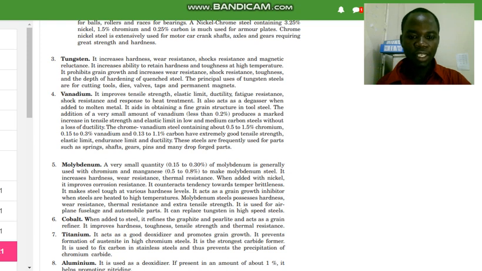The chrome vanadium steel containing about 0.5 to 1.5% chromium, 0.15 to 0.3% vanadium, and 0.13 to 1.1% carbon have extremely good tensile strength, elastic limit, endurance limit, and ductility. These steels are frequently used for parts such as springs, shafts, gears, pins, and many drop forged parts.